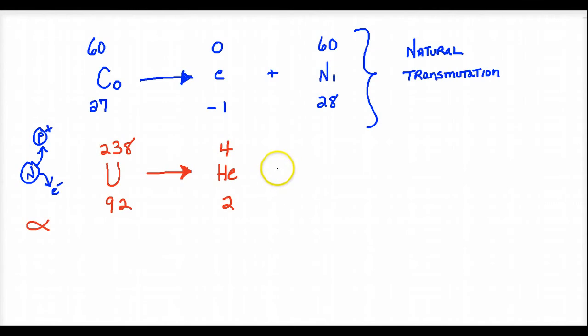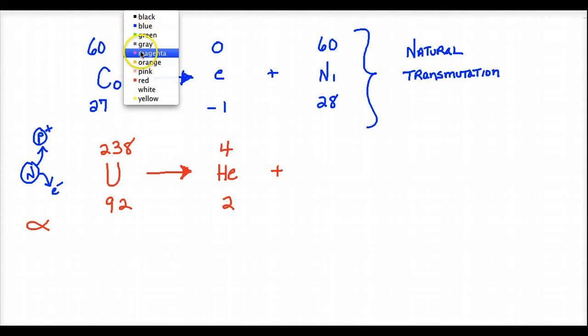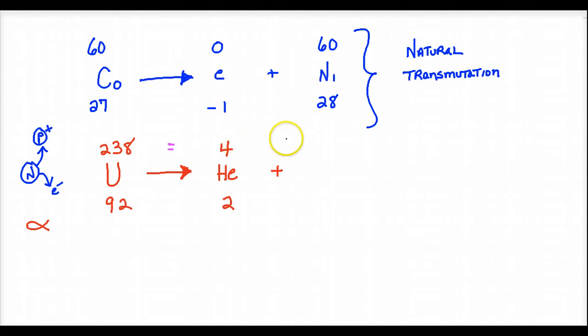In any case, finishing out our nuclear equation here, as I talked about before, for one side, your law of conservation of mass is being held here. 4 plus what number is 238? And of course, you would write 234. So 234 plus 4 is 238.